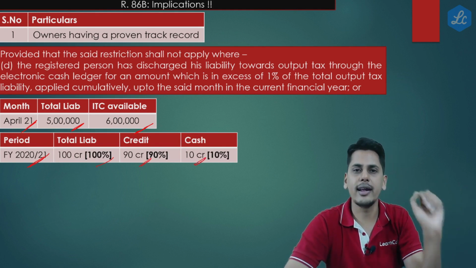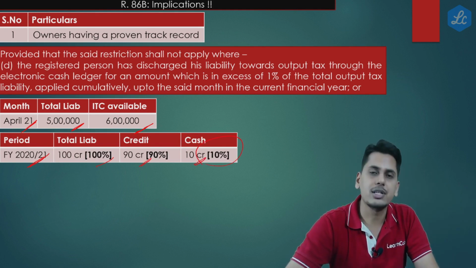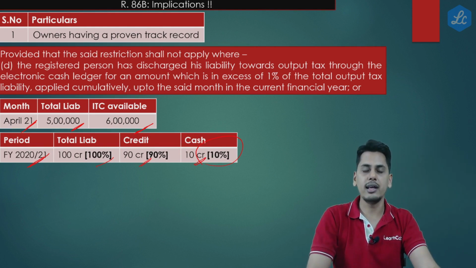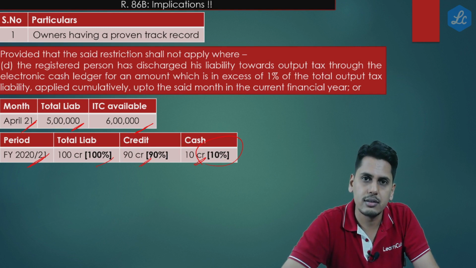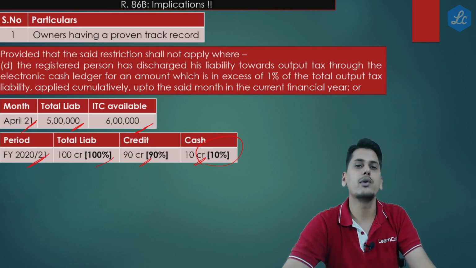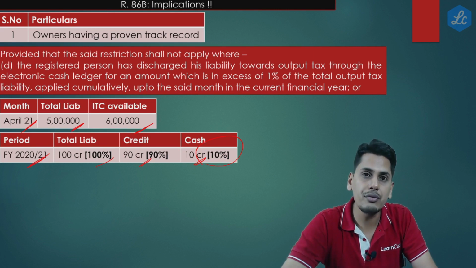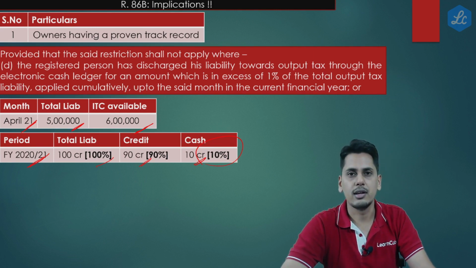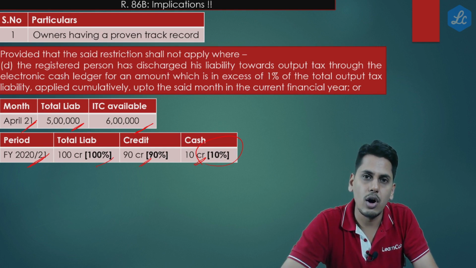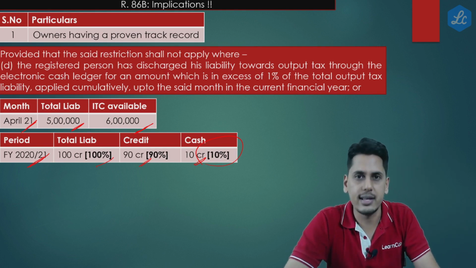Through cash, 10 crores. In the last financial year, I have discharged 10% of my total liability through cash ledger. So friends, for the current financial year, in the month of April 21, should I pay anything from cash ledger, or have I already complied with Rule 86B?